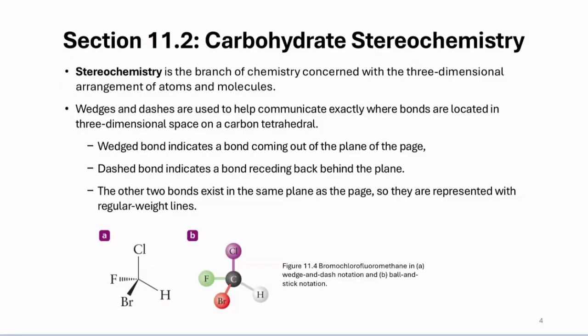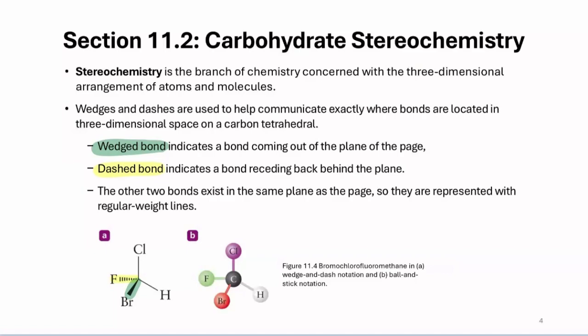Dashes, on the other hand, and let me use my highlighter tool so you see the difference between wedges and dashes. So the wedge bond is going to be this one. And the dash bond is going to be this one. The dash bond is actually going to indicate a bond that is in the back of the plane. So it's facing away from you.